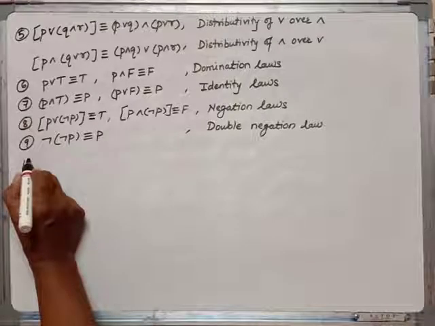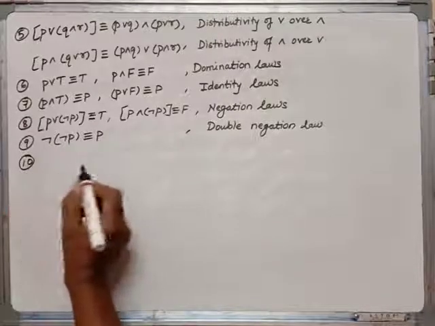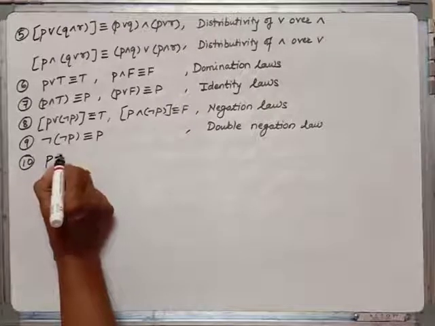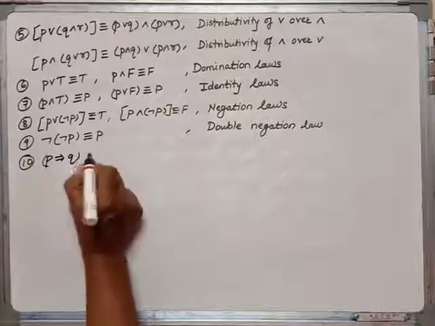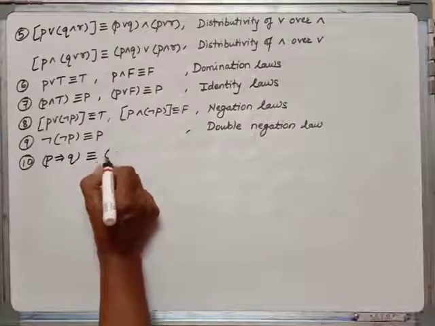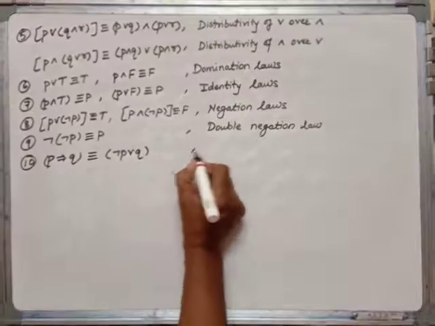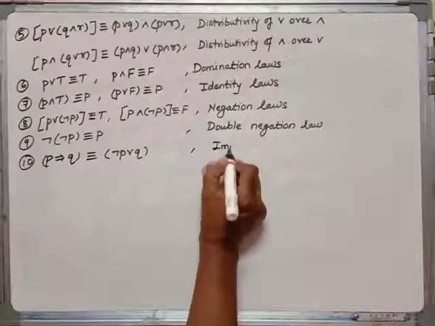Now some more logical identities. P implies Q is equivalent to negation P or Q. This is known as implication.